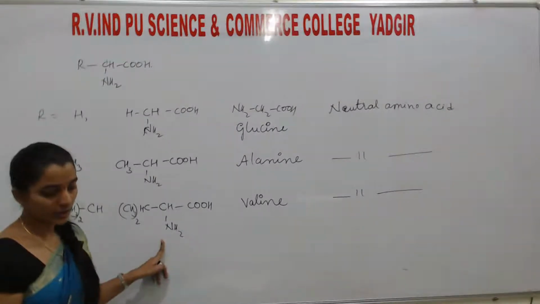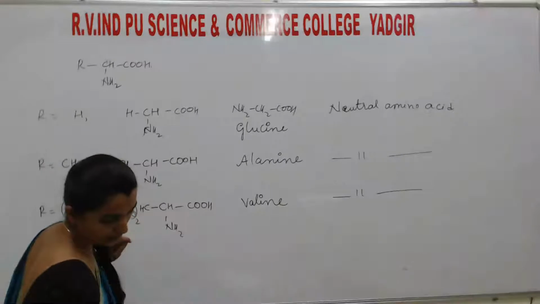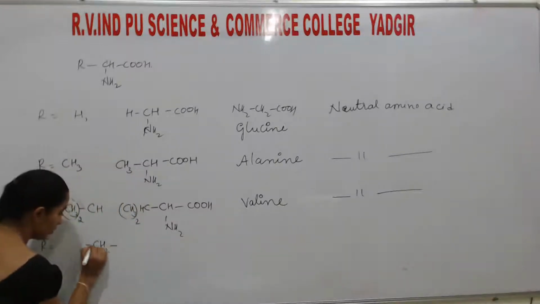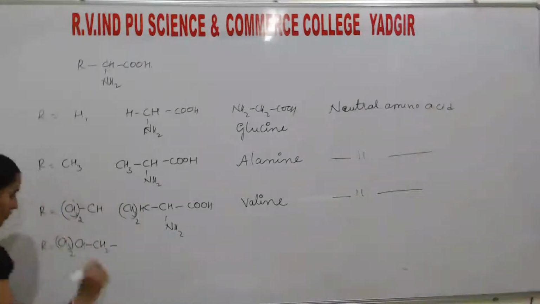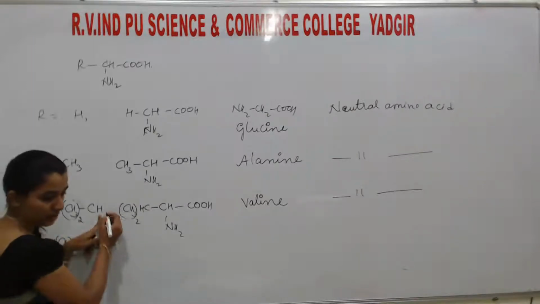Next one is leucine. That is CH2, CH, CH3 twice. Same as before, students, an extra CH2 group is added here.